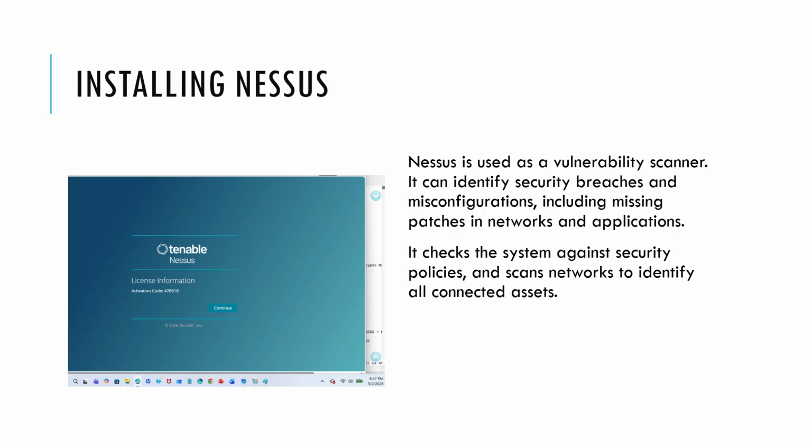In the course of doing this, we needed to install Nessus to be used as a vulnerability scanner. The reason why Nessus is used as a vulnerability scanner is because it can identify security breaches and misconfiguration, including missing patches in network and application. It is able to check the system against security policies and scan the network to identify all connected assets.